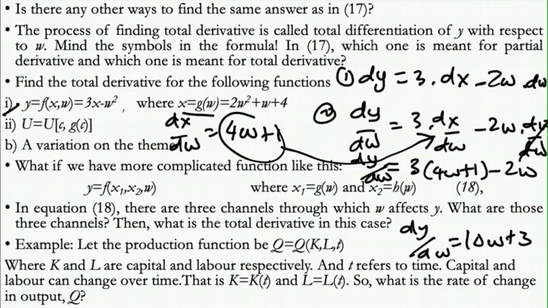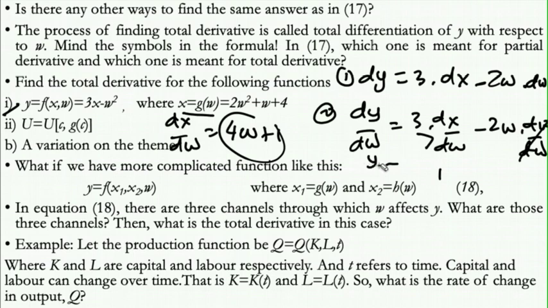So basically, what we have here is y being affected by x1. We have y also being affected by x2, and x1, x2 affect y via function f.